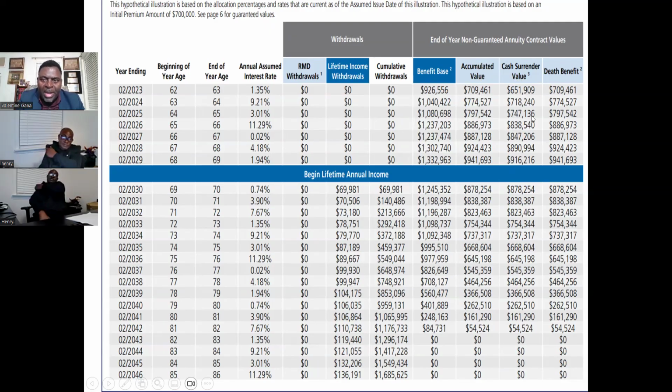Each year, the cash surrender goes up. So if you bring money into a 7-year annuity and 2 years later you want to take your money out, there's going to be a penalty. And there's already a pre-agreed amount, which is the cash surrender.